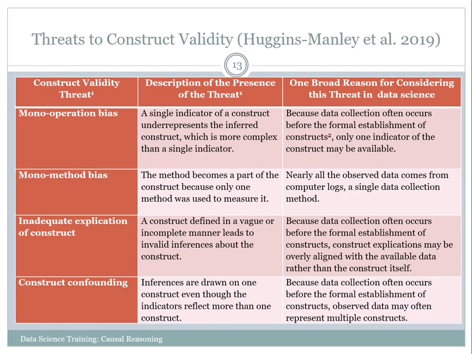Now, for construct validity, there are several threats. I'm summarizing here from a discussion from a paper by Huggins-Manley. These threats were originally presented by Shadish, Cook, and Campbell. So mono-operation bias is when a single operation is used to infer a construct.